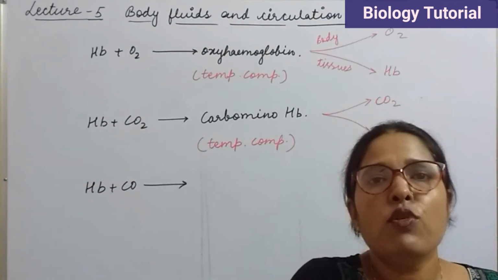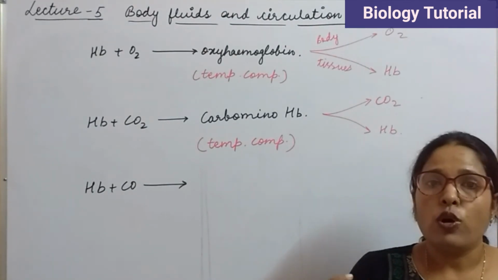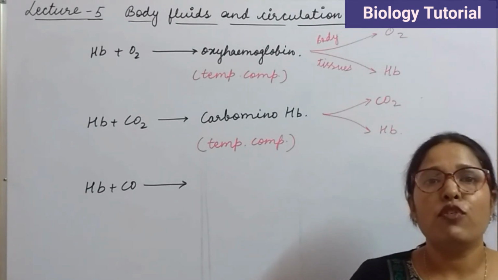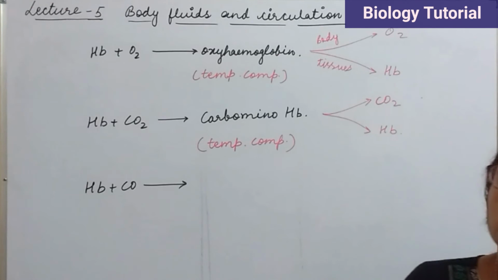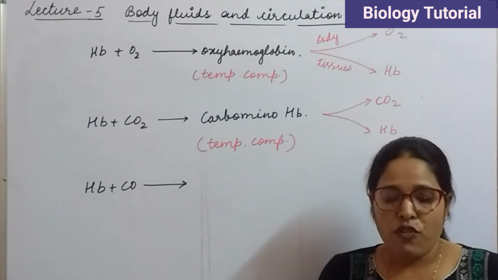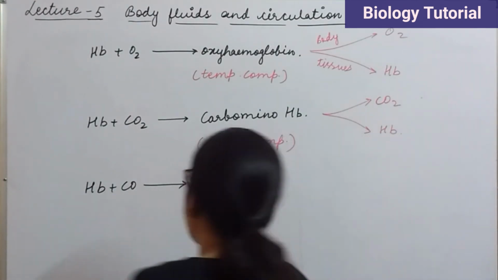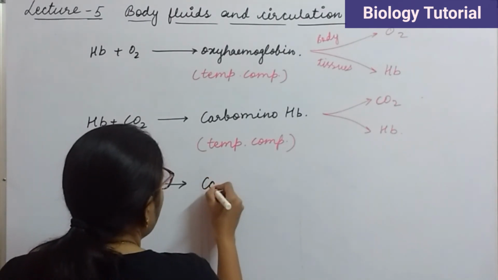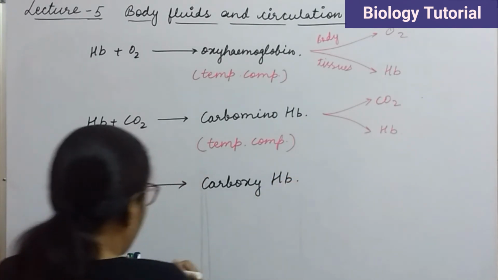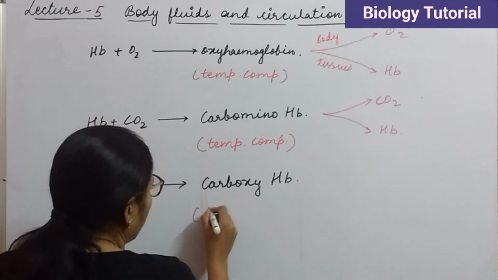And the fossil fuel is not getting a sufficient amount of air for the combustion. ठीक है, ऑक्सीजन की फुल रिक्वायरमेंट फुलफिल नहीं हो पाती है. In that case the fossil fuel burns in the absence or lack of oxygen, and it produces carbon monoxide gas. When we inhale this carbon monoxide gas, it forms a compound with hemoglobin called carboxyhemoglobin, and this carboxyhemoglobin is a permanent compound.